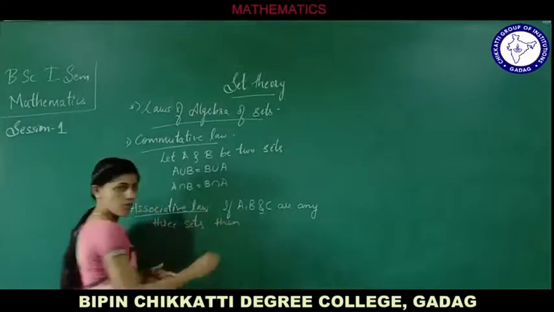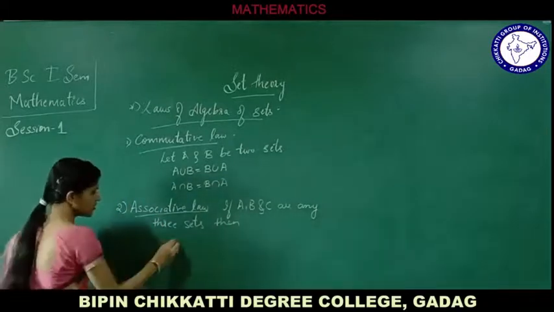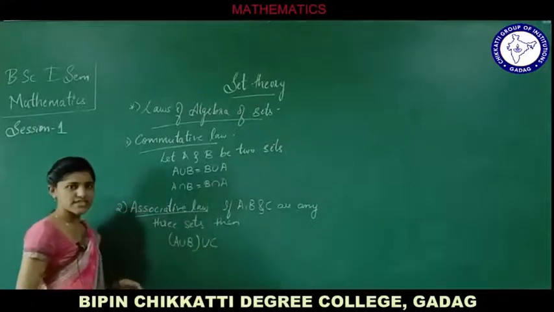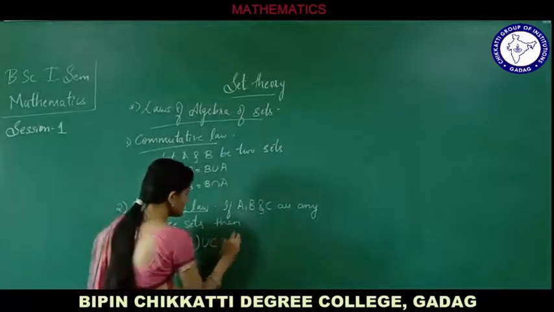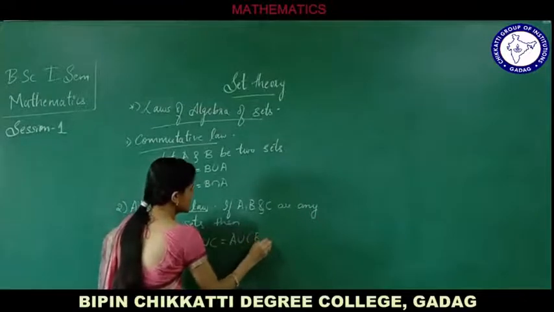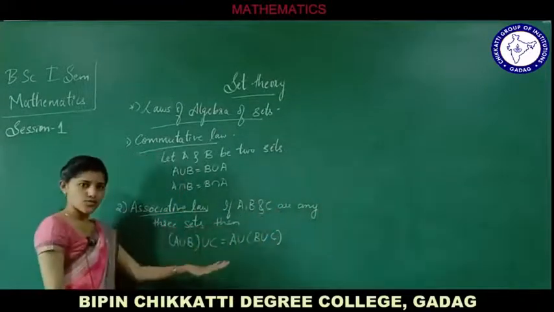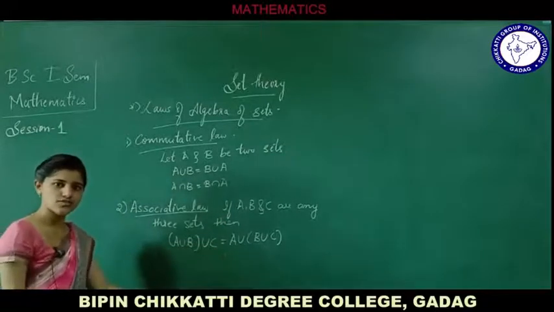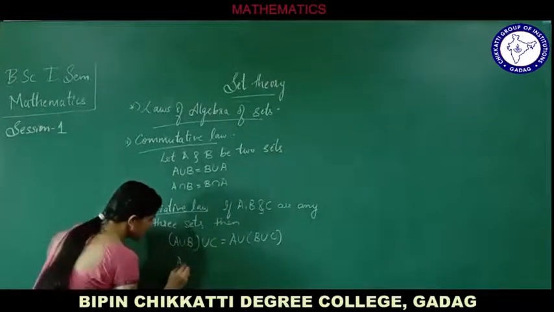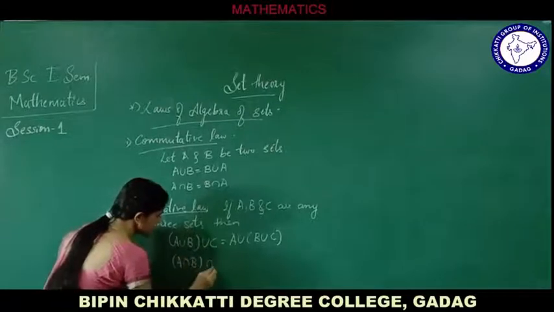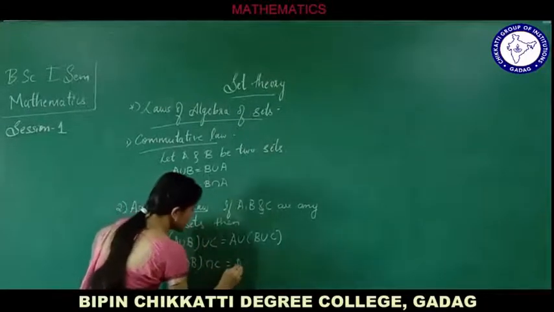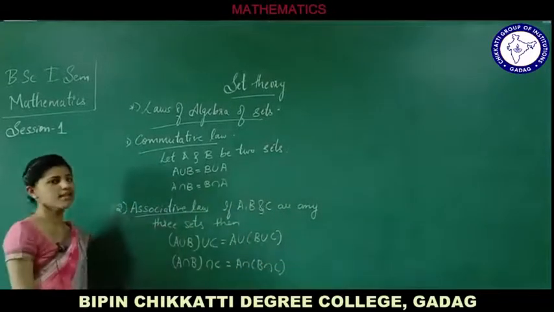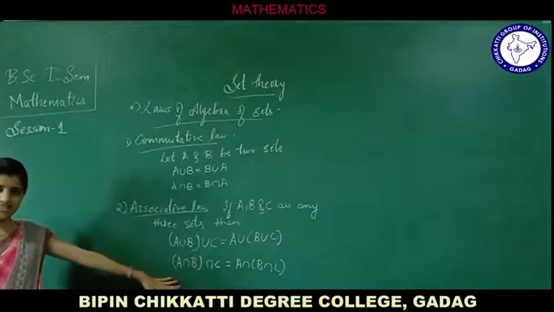Then what is the associative law? A union B union C will be equal to A union B union C. The associative law for union of sets. Then what about the associative law for intersection of sets? A intersection B intersection C is equal to A intersection B intersection C. This is the associative law for intersection of sets.